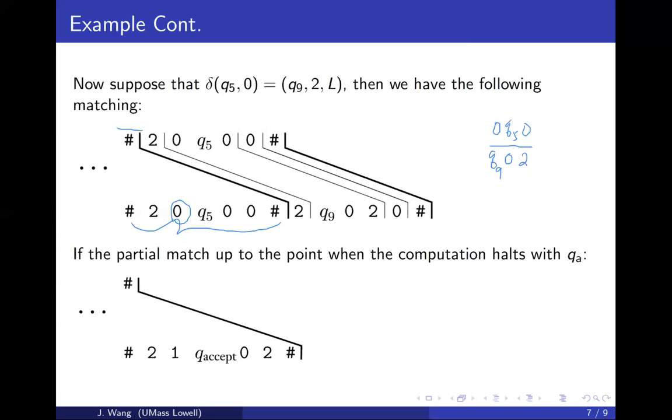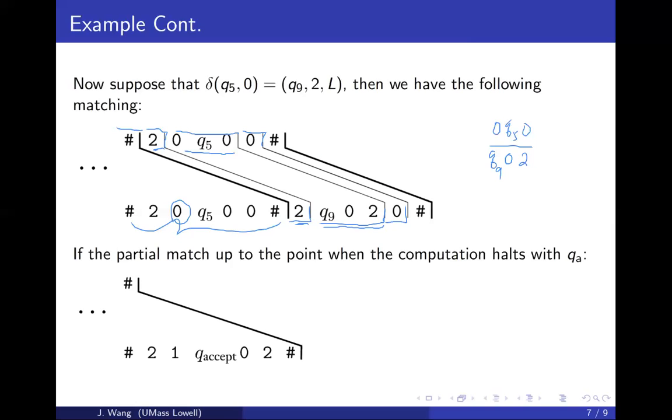Okay, so we're going to put replicate 2 here. And then put Q9 0 2 and 0 Q5 0. So that's another domino, and then put the pound sign up.